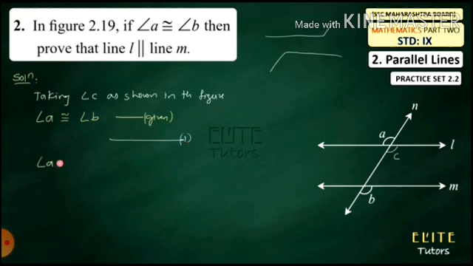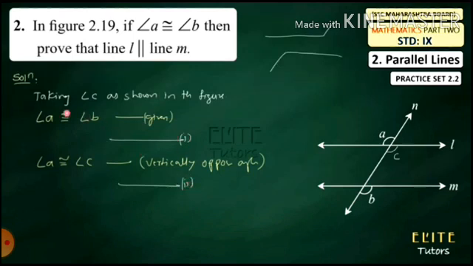Next, angle A is also congruent to angle C. Angles A and C are vertically opposite angles forming an X shape. We will write the reason, vertically opposite angles, and give it as 2. Students, if A is congruent to B and A is congruent to C, then B and C are also congruent.